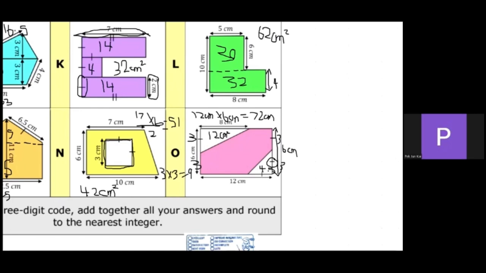So 72 minus 12 minus 4.5 minus 12 minus 4.5. We would get 55.5 cm squared. This would be the whole area of the rectangle.